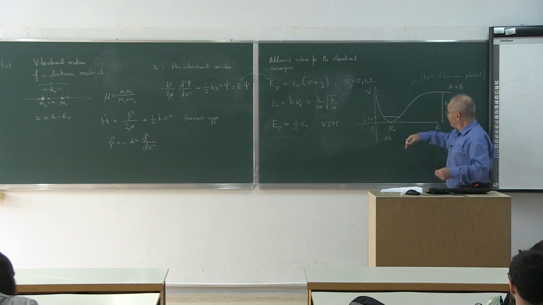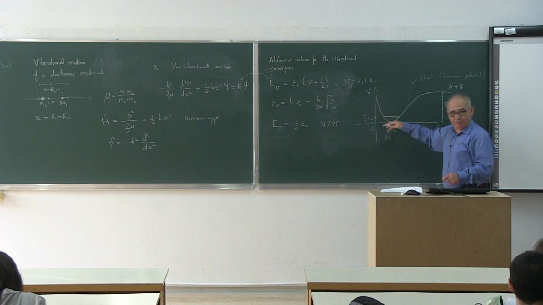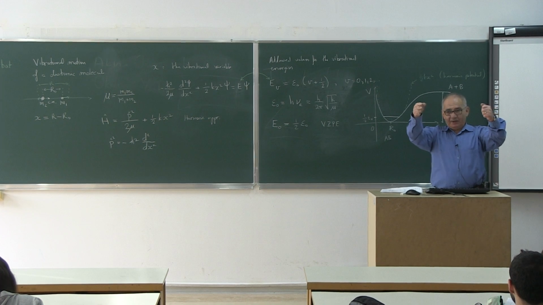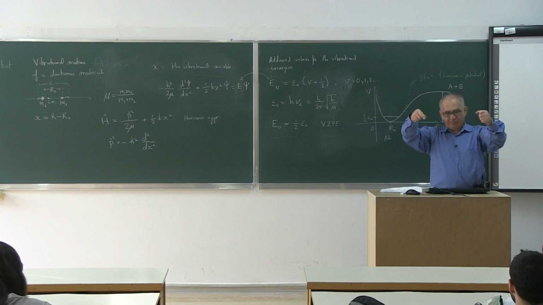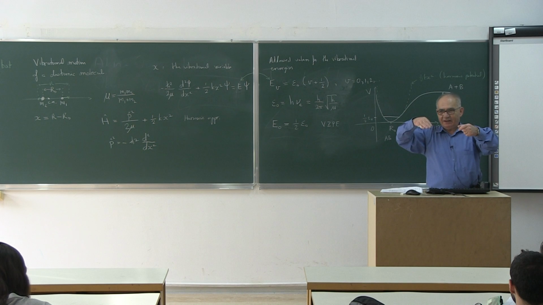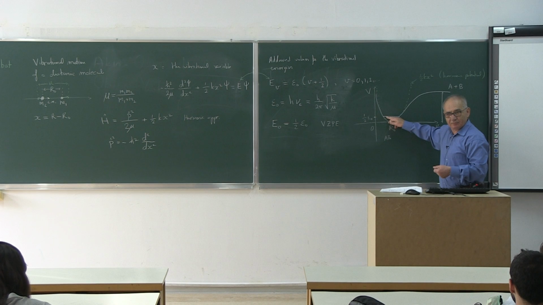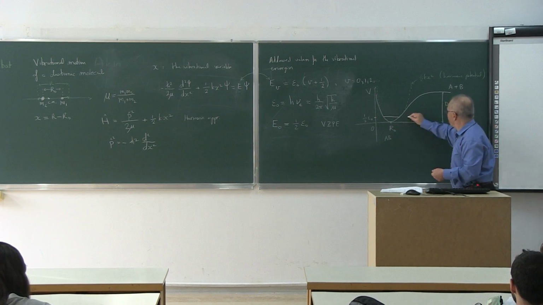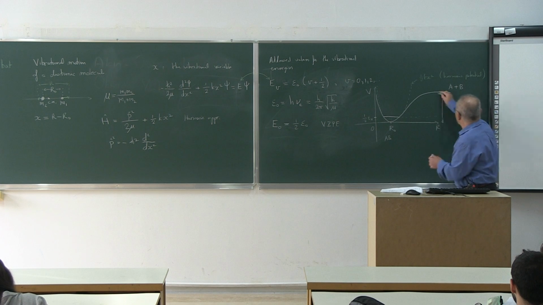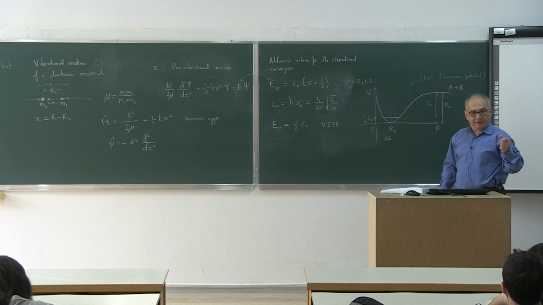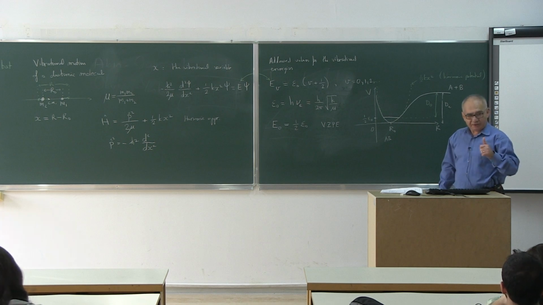So, the true dissociation energy is, as I have just defined it, total energy of the products, A plus B, the dissociated atoms, minus the lowest energy for the molecule. The lowest energy for the molecule is this value. So, this energy difference is the true or experimental dissociation energy.